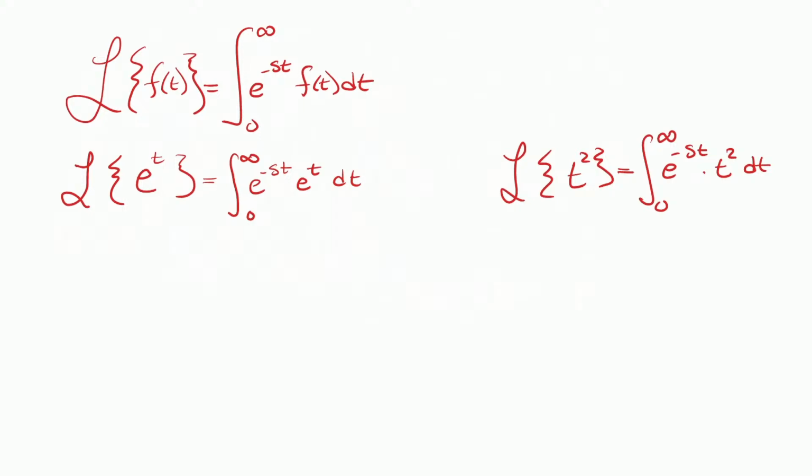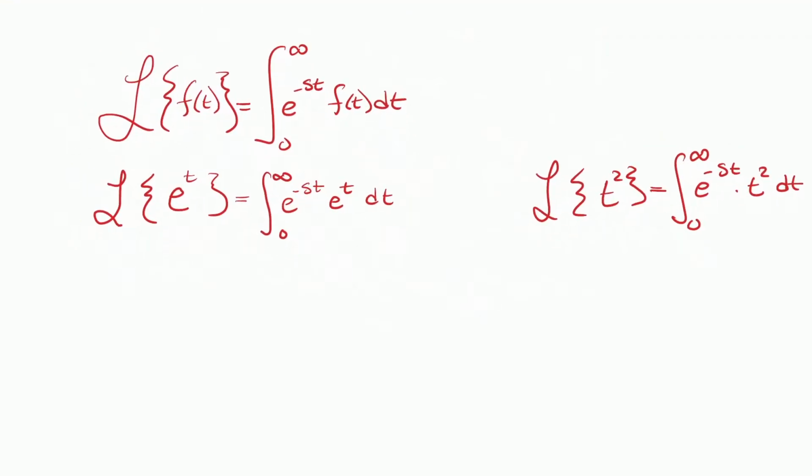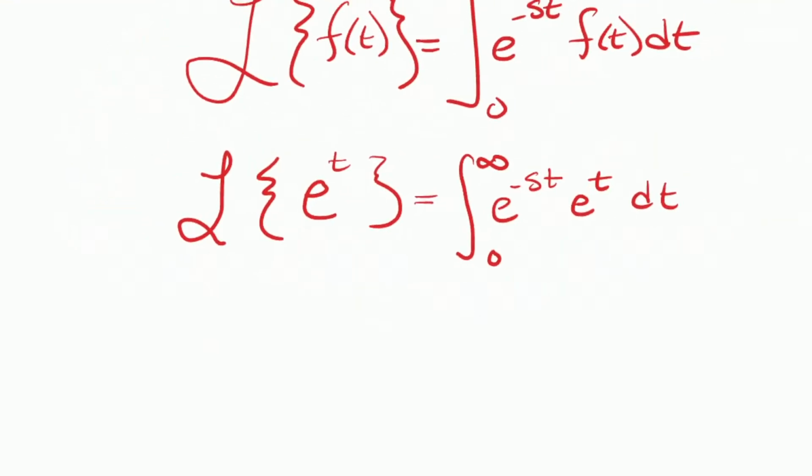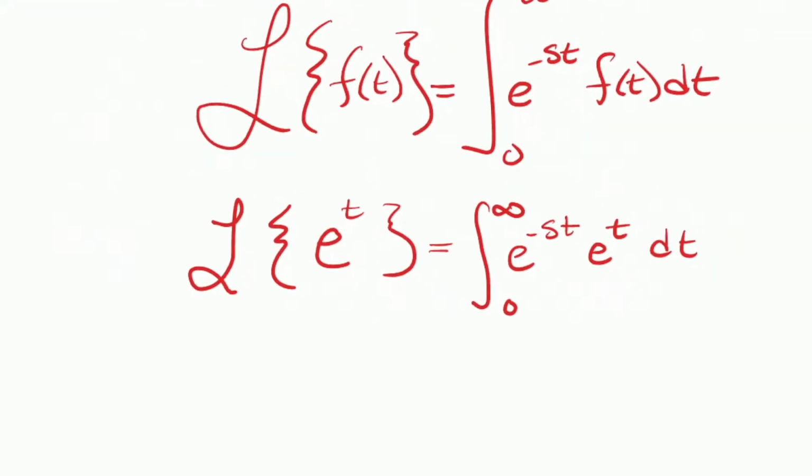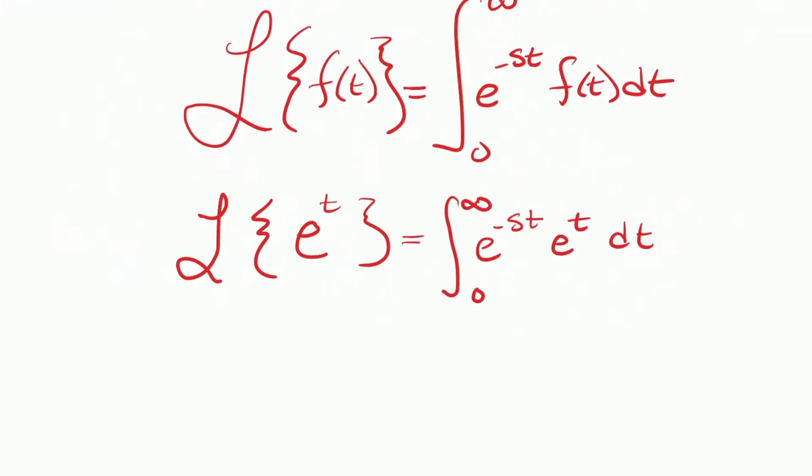But once we do it once, we don't have to do it ever again. So here we'll do this one on the left. The left one is easier. Before you start pulling integration by parts out of your brain, let's combine those using some algebra, and then it'll be much easier. Okay, so this is going to be the integral from 0 to infinity of e to the t minus s times t.